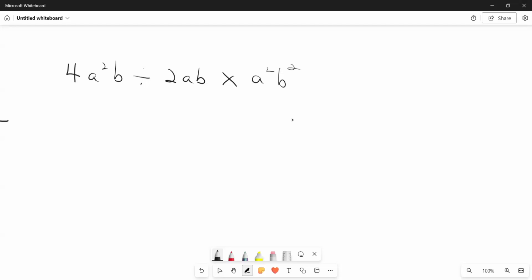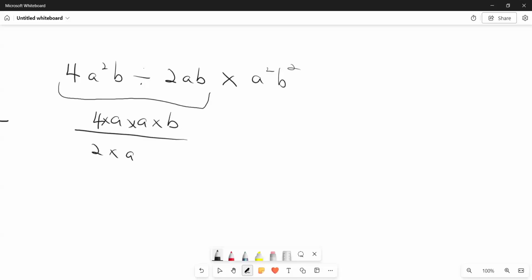As we said, you can do it 2 different ways. You could take this piece, do your division first, and then multiply by the rest. So we do 4 multiplied by a multiplied by another a by b, over 2 multiplied by a multiplied by b. Then you finish it off, then multiply by a, multiply by a, multiply by b, multiply by b. You can do it like that.